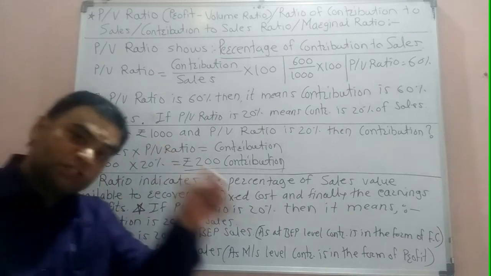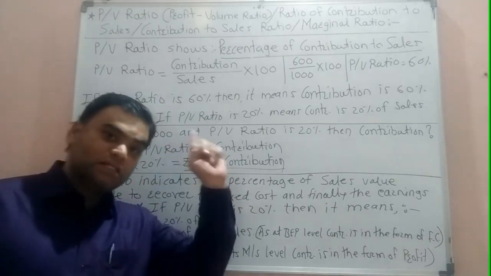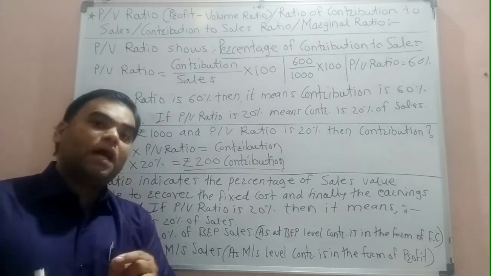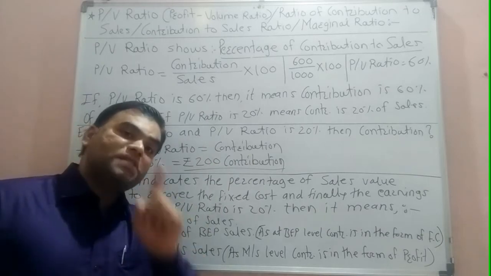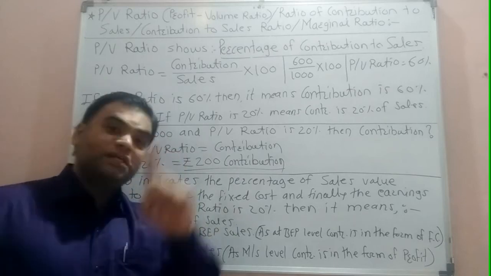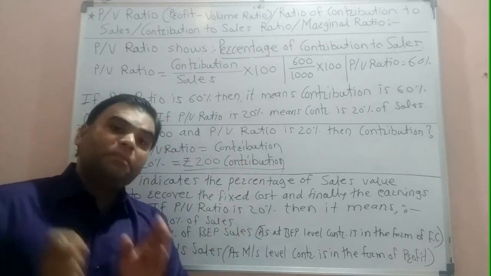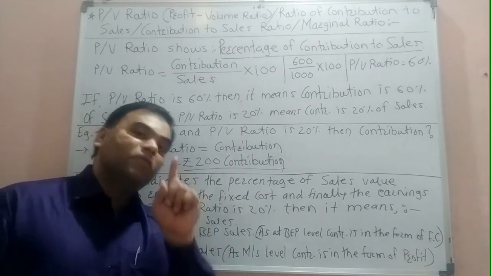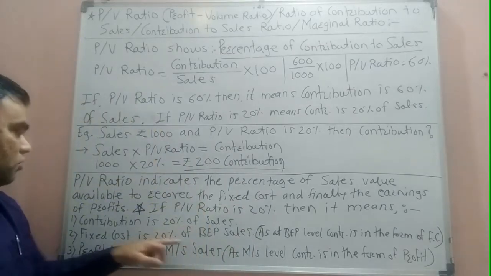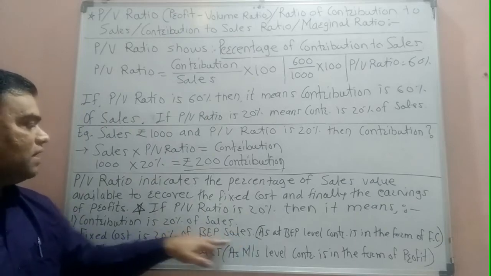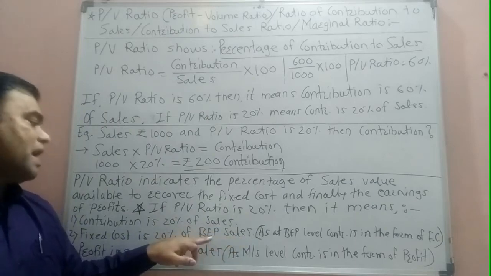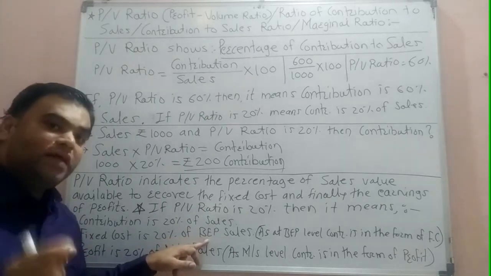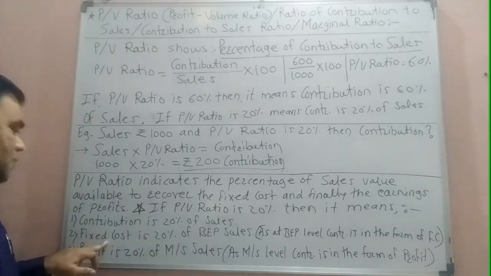Because at BEP stage, as we discussed in the previous lecture, the contribution amount and fixed cost amount are exactly equal. At BEP level, contribution amount is always equal to fixed cost amount.